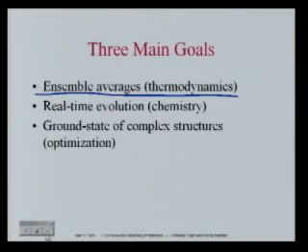And then really the last application of molecular dynamics is more of an optimization algorithm. There are problems in which it's very complex to find what is the lowest possible solution, what is the optimal solution.